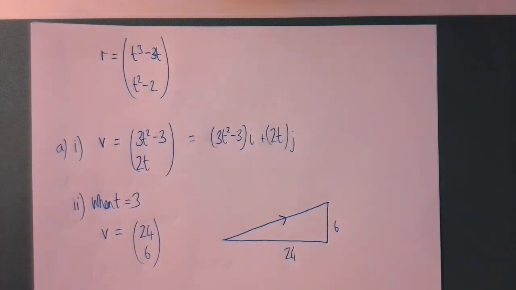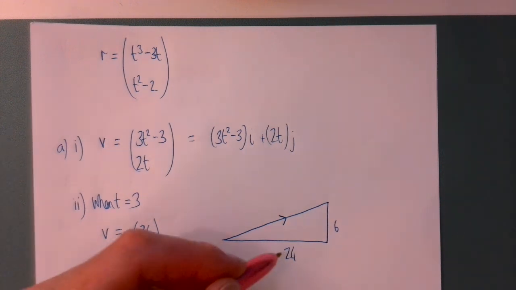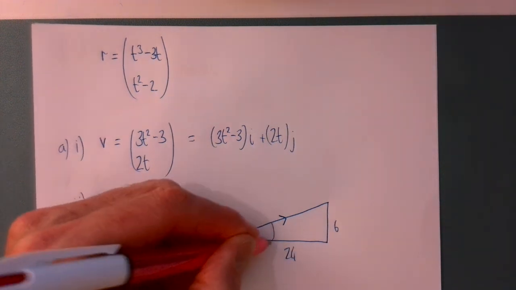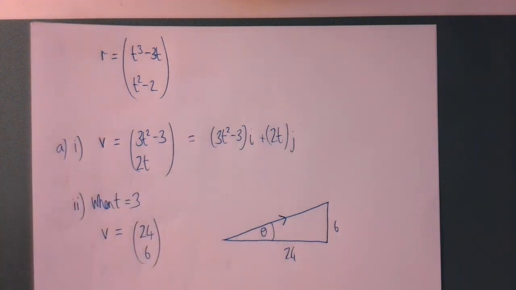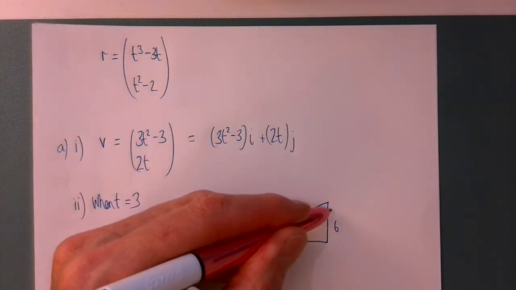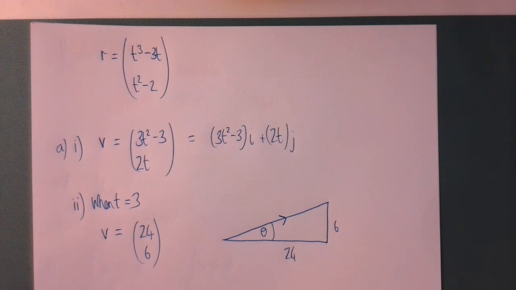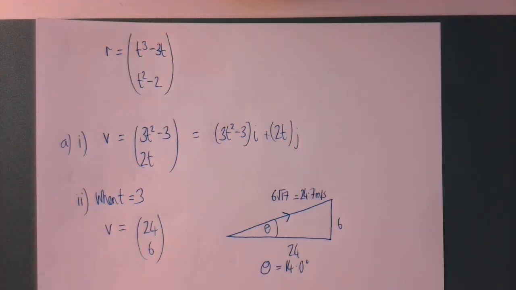So that's the actual direction of motion, and so I'm going to use a little bit of Pythagoras and a little bit of shift tan to work out the size of the speed, the magnitude of the speed, and the angle at which it's going. I'll pause and get you to do that as well. Okay, so I think before I paused I was a bit bad with my use of velocity and speed.